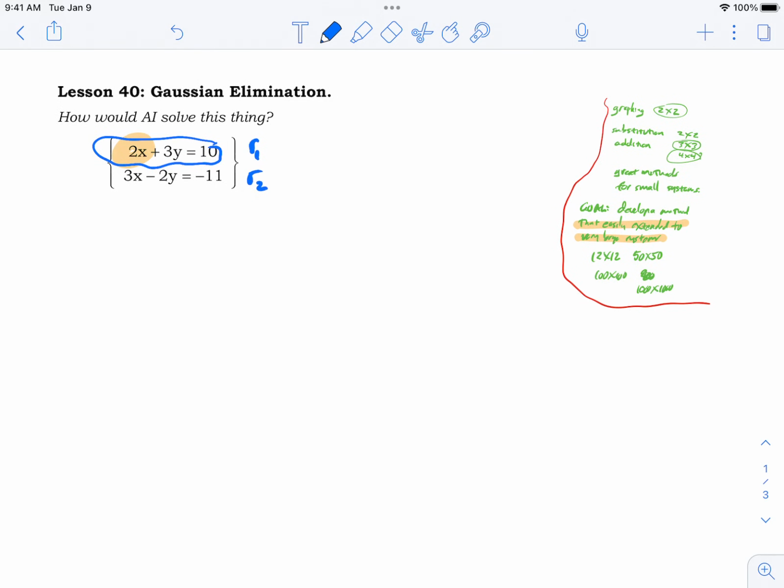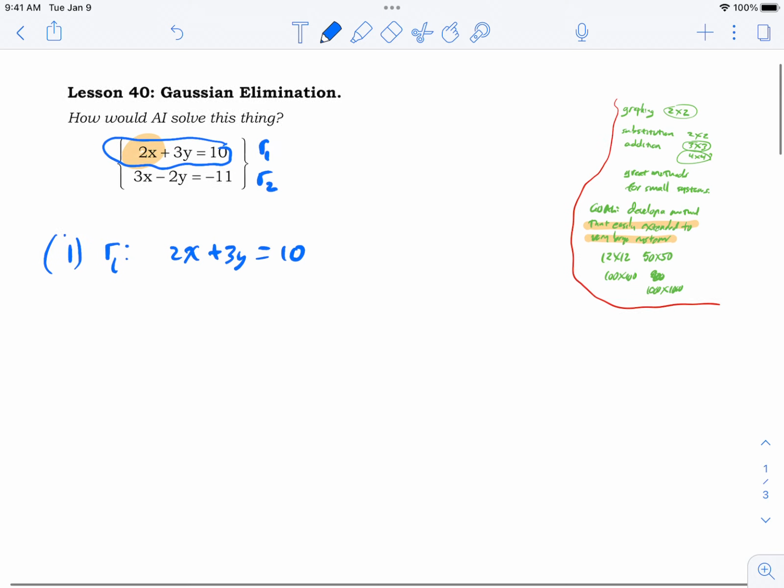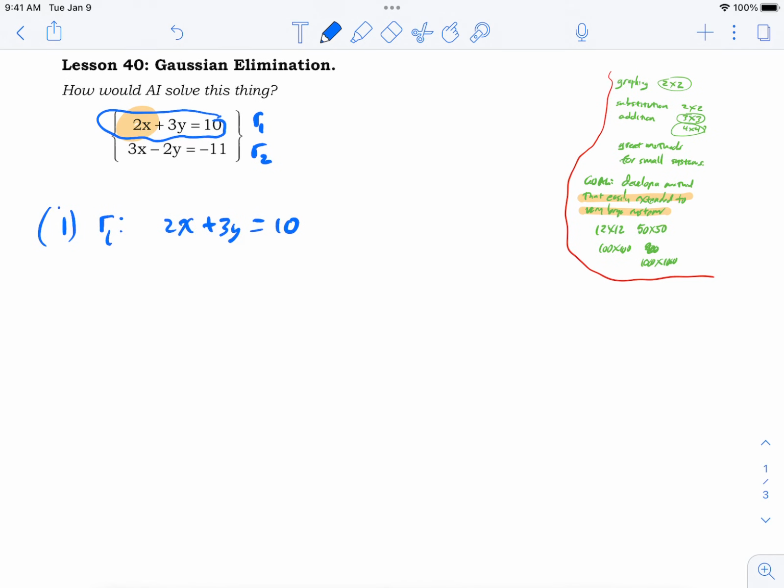So think about row 1. Row 1 is 2x plus 3y equals 10. And what we want to do, again, is make that into a regular x. What we can do is divide the whole equation by 2, right? That's a legal move. You might even write it this way: I've taken row 1 and I've divided it by 2.